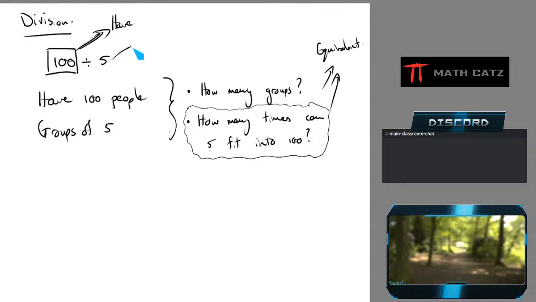And then the second number is my group size, if you will. It's the size of a group. And then the division tells me to fit that group size into what I have and count how many times I can do that.